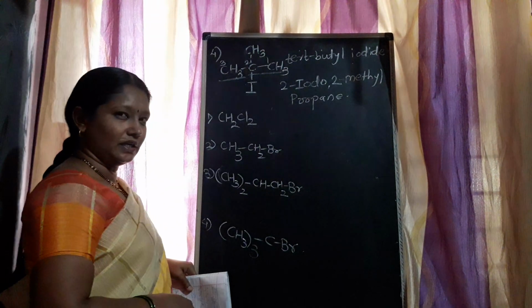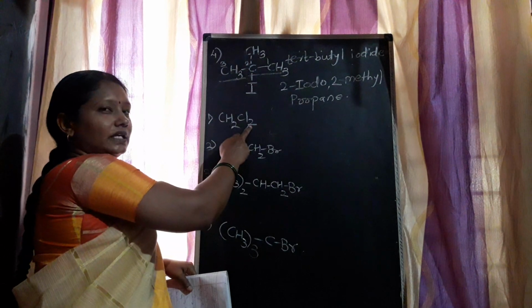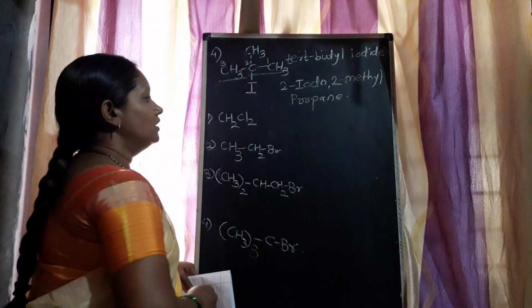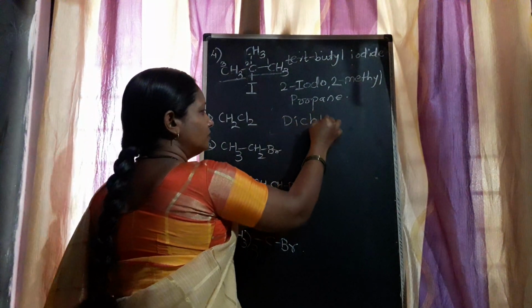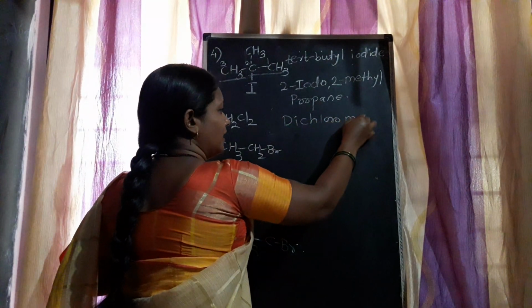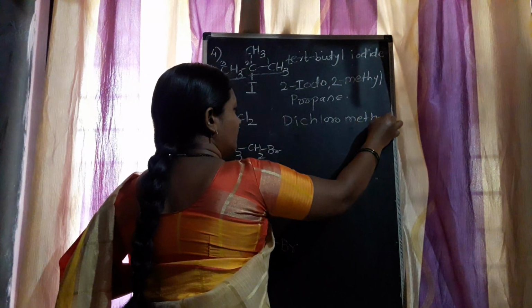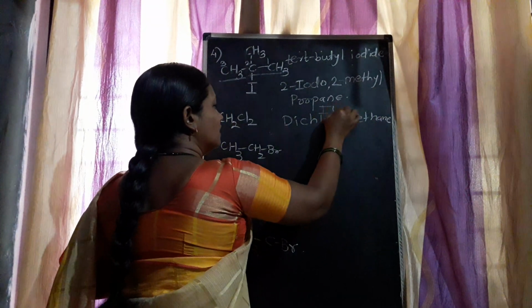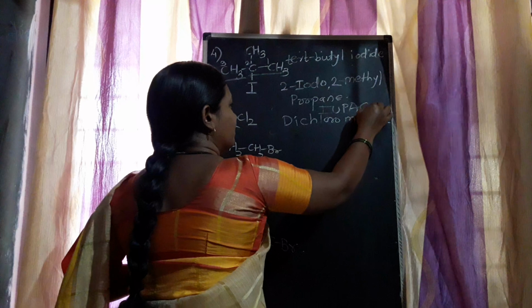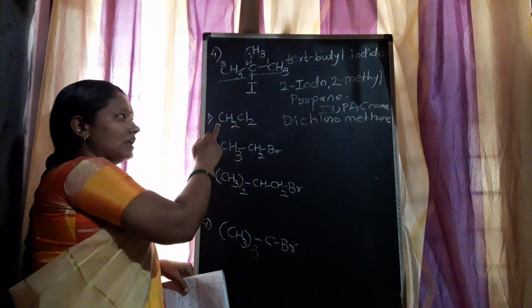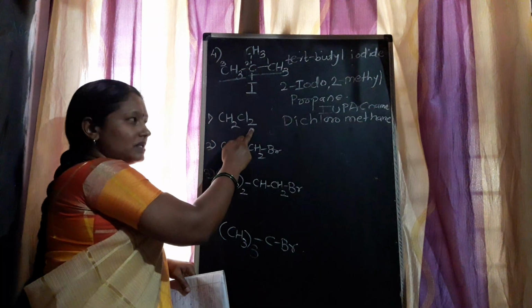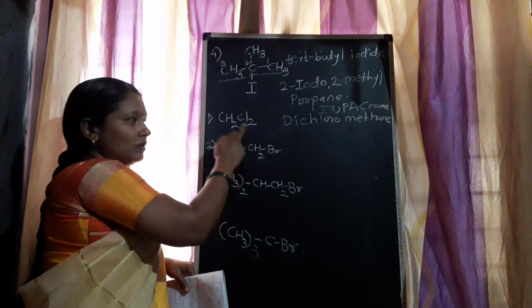To this carbon atom two chlorine atoms are attached, therefore it is dichloromethane.